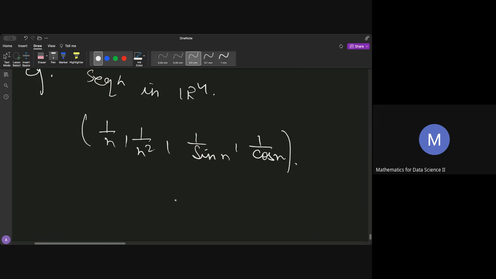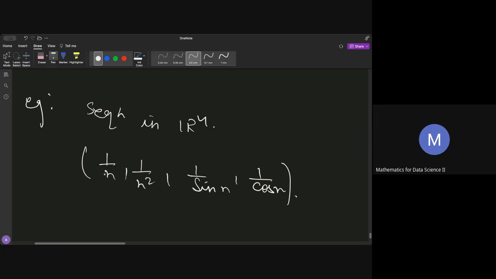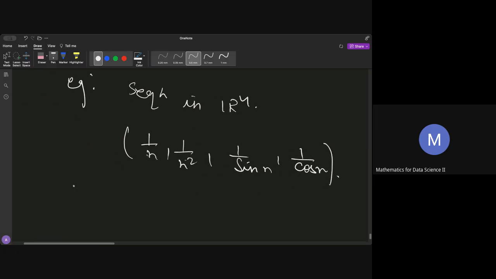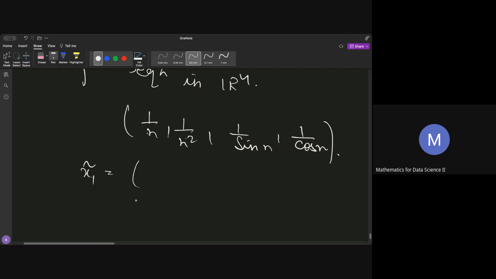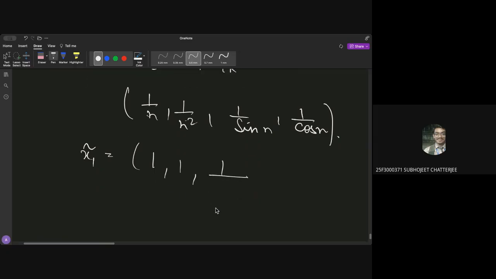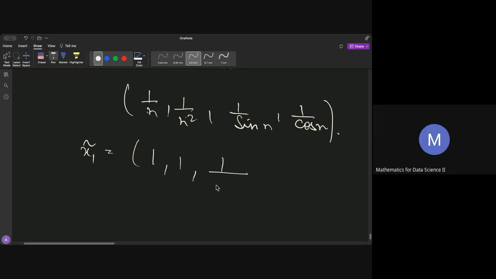This is a sequence in R4, so you have four-tuples here. What is x̃1 here? The first element of your sequence is 1, 1, 1/sin 1, 1/cos 1. So this is the first element of your sequence.